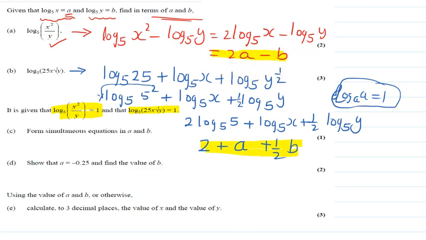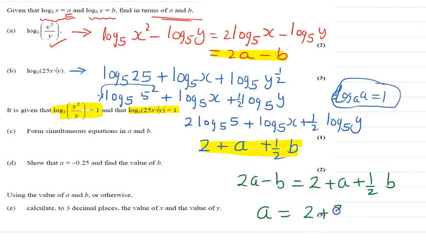If we equate them, it will be 2a minus b equal to 2 plus a plus half b. If we solve them, then we get a equal to 2 plus 3b over 2.